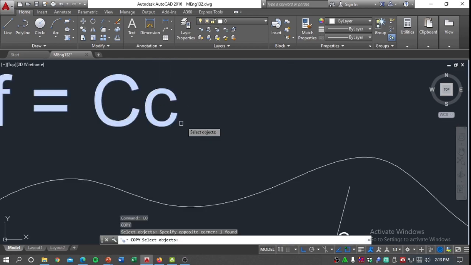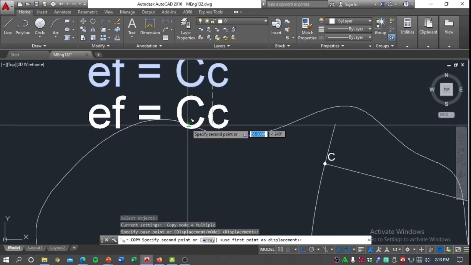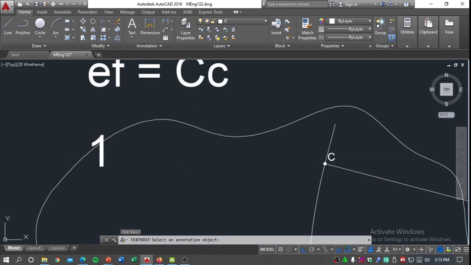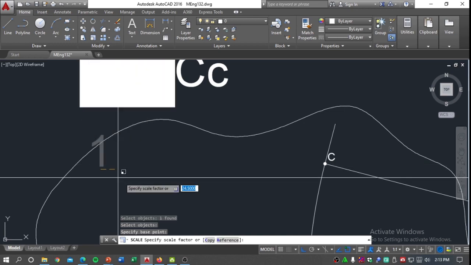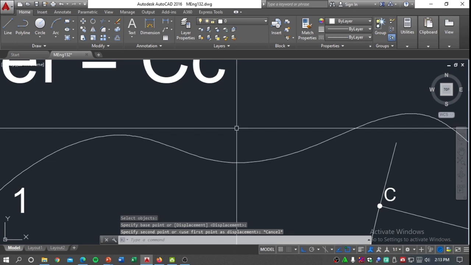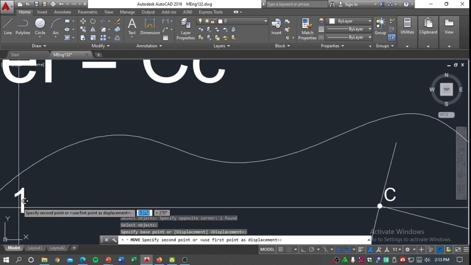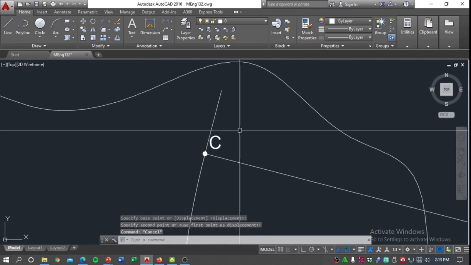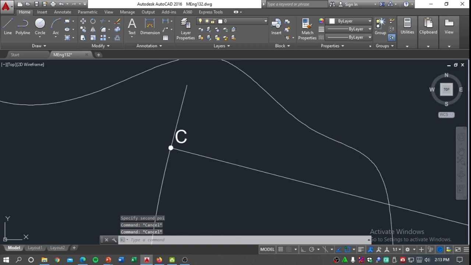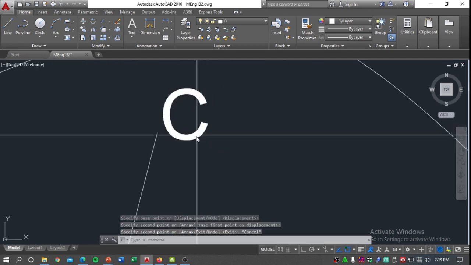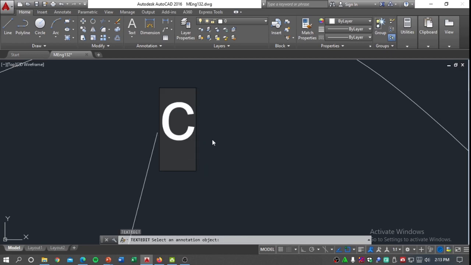Okay, you have to assign this another point in C as C1.